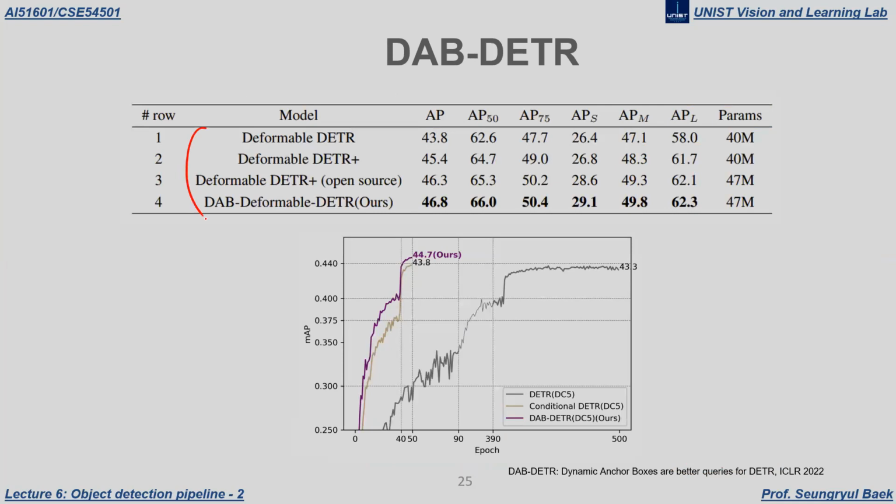So this is the comparison to previous algorithms. They actually apply DAB to deformable DTRs, and they are saying that the performance is gradually improving, okay? And they are comparing algorithms to the DTR and conditional DTR, and DTR takes a lot of epochs.